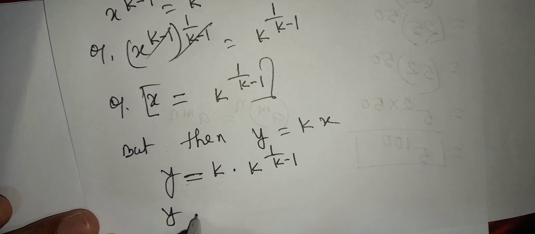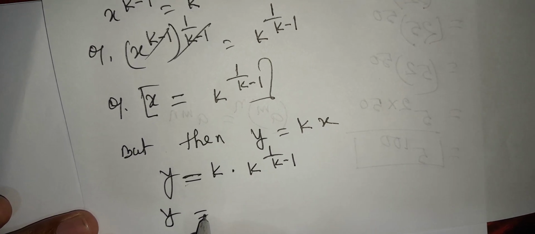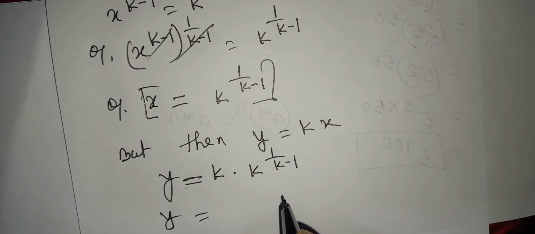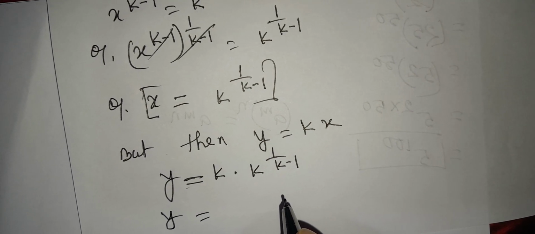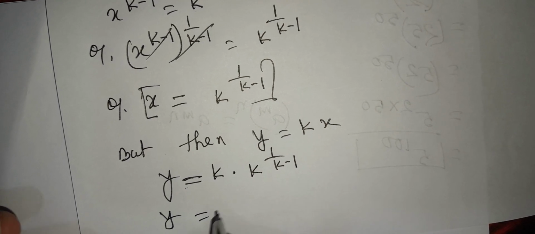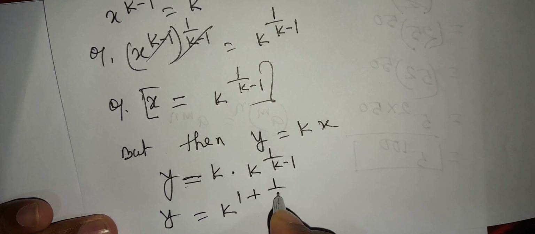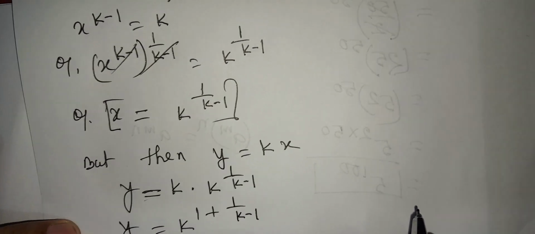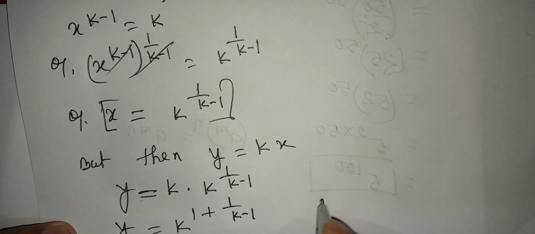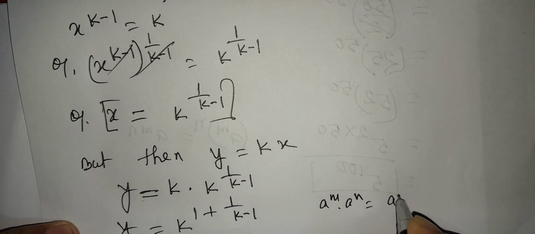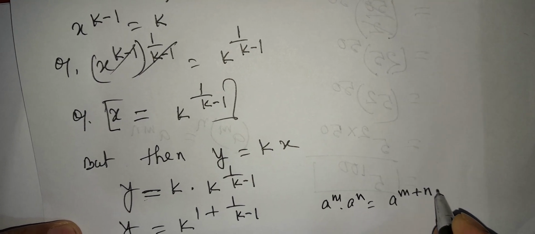Now we can write y equal to k to the power 1 plus 1 by k minus 1. We know that a to the power m and a to the power n equal to a to the power m plus n. Okay.